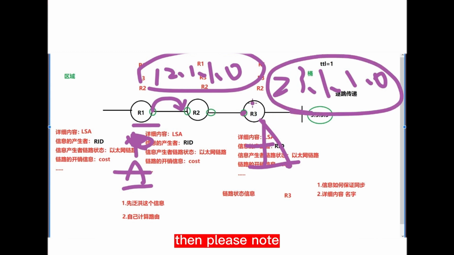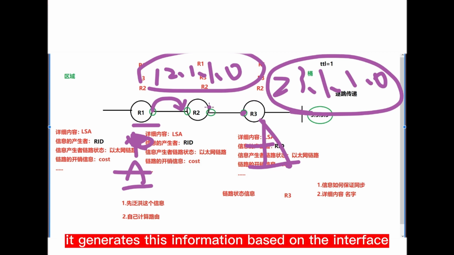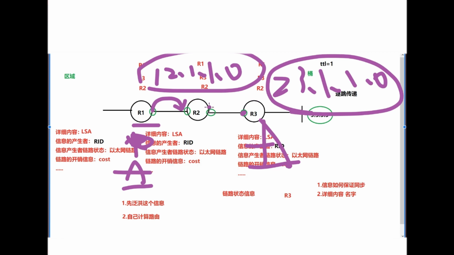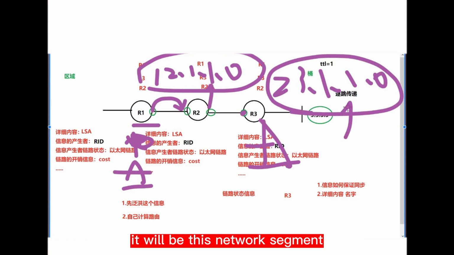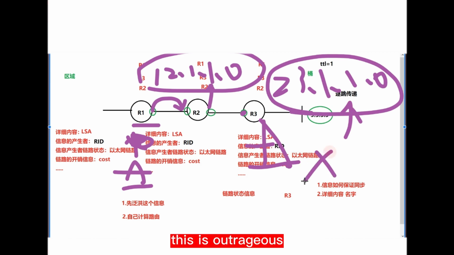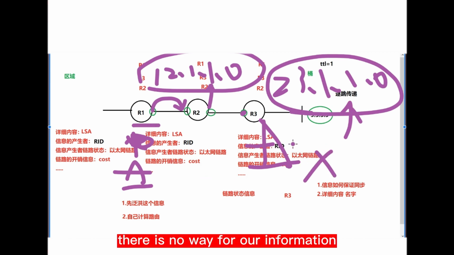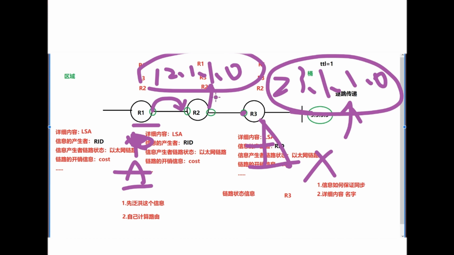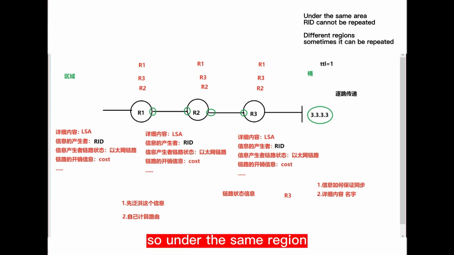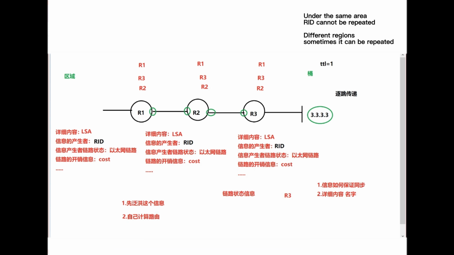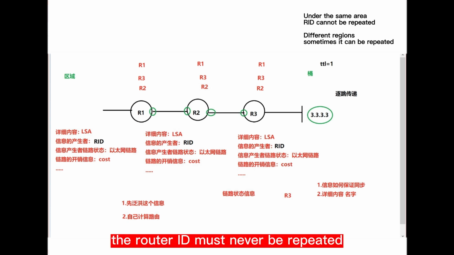Please note, it generates this information based on the interface. That is, this interface will be this network segment, and it will be this network segment. This is outrageous. There is no way for our information to be synchronized and calculated, because information can be confusing. So under the same area, the router ID must never be repeated.